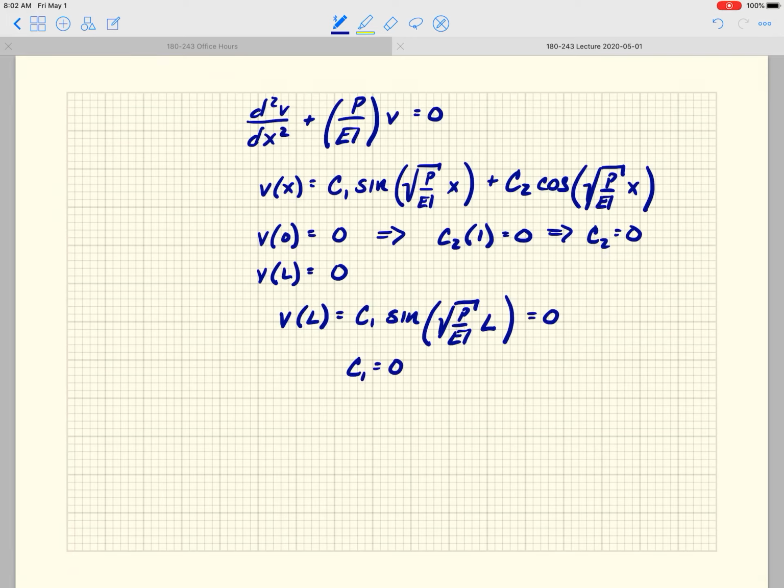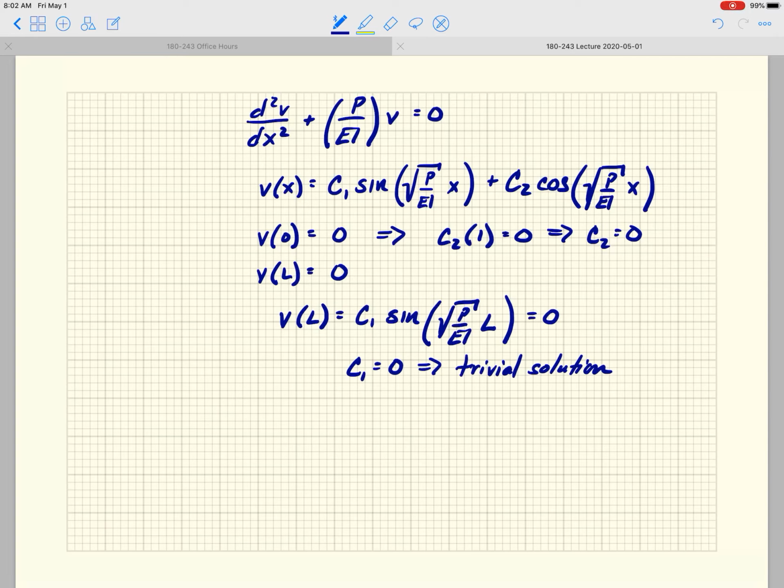I can set C1 equal to 0, and if you remember, this is known as the trivial solution. Basically, if C1 is 0, then the entire displaced shape is 0, so it doesn't displace, so there is no moment, and if there's no moment, then nothing is causing the displacement. So that is a legitimate solution, but it doesn't really tell us anything. That's why it's called the trivial solution.